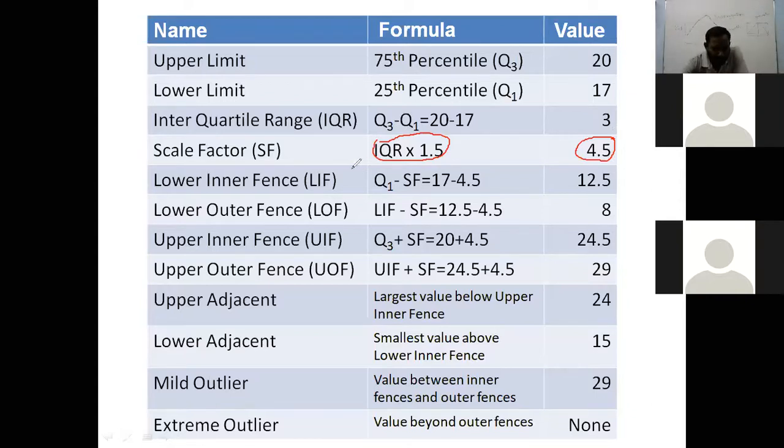Those are called the lower inner fence, lower outer fence, upper inner fence, and upper outer fence. We have 4 components. Can you all just see how to calculate all those?